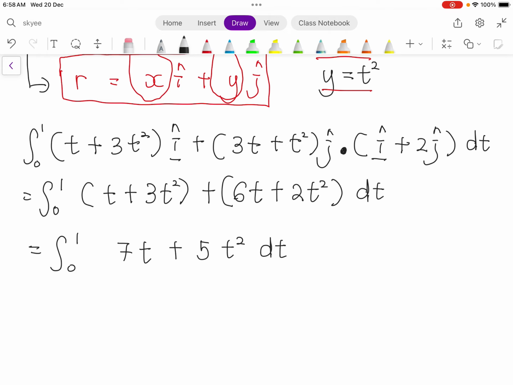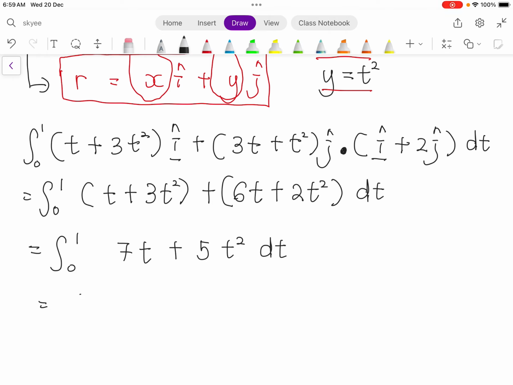Okay, so you can press your calculator. So we have the integral of 7x plus 5x squared, with 1 here and 0 here.